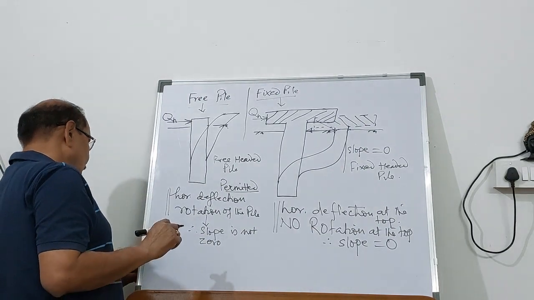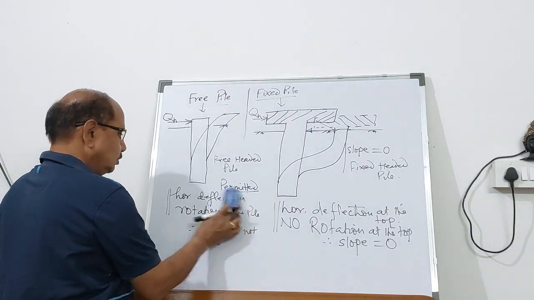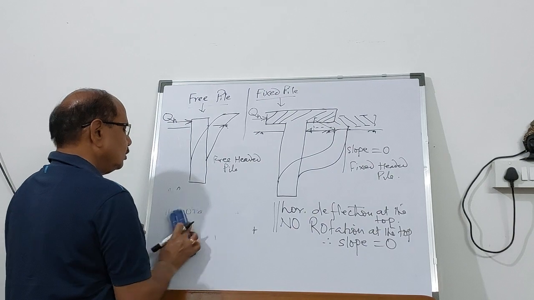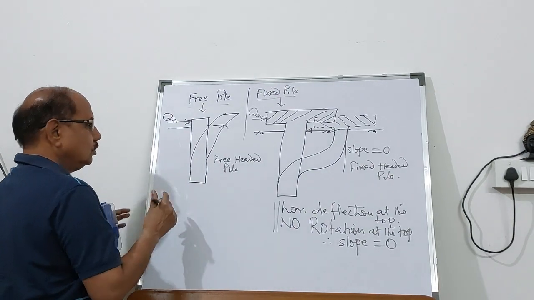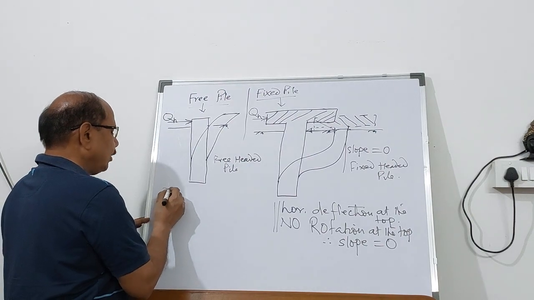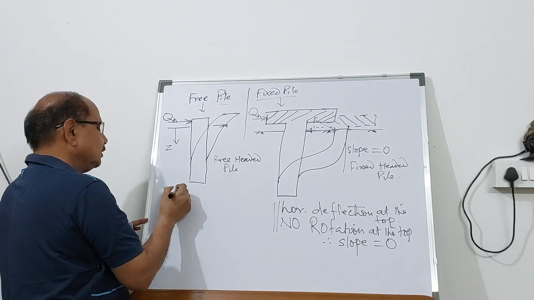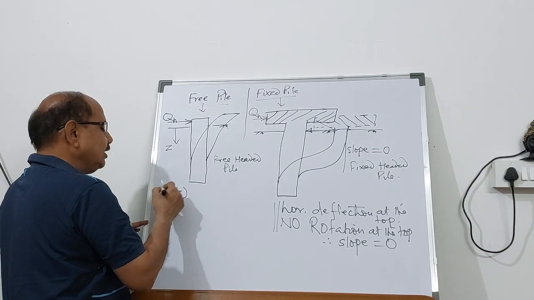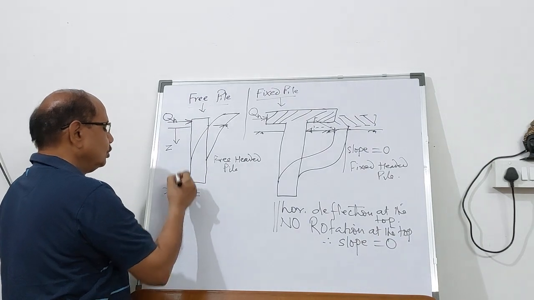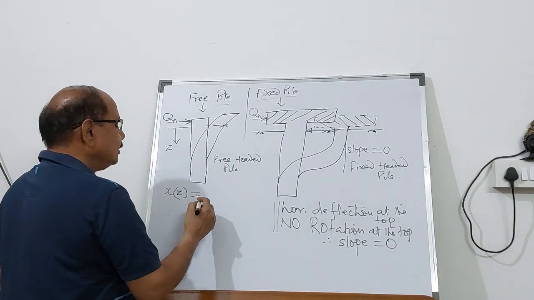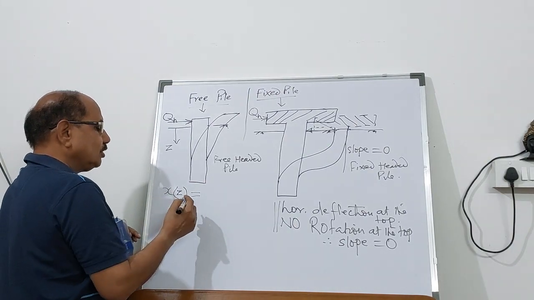So if you see the equation of deflection, what is the equation for deflection over any depth z? It is a function of z. The horizontal deflection is going to change over the depth z. I have already given you the equation for deflection.